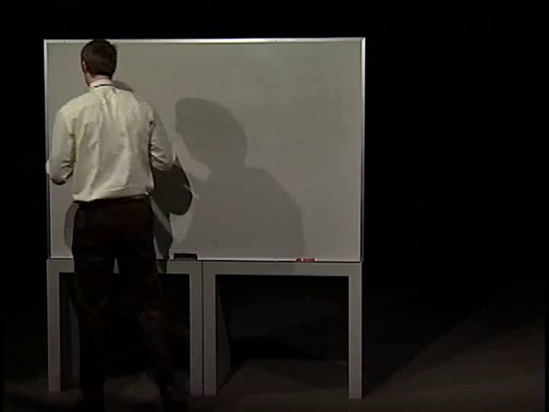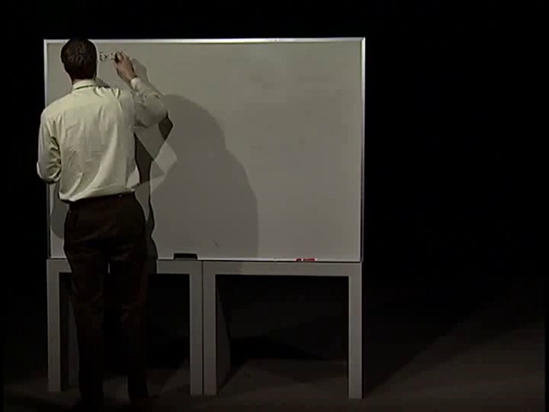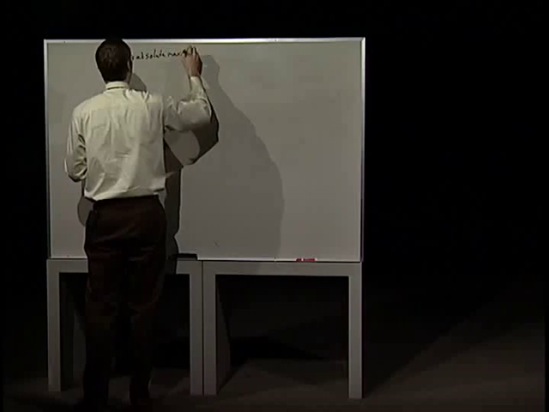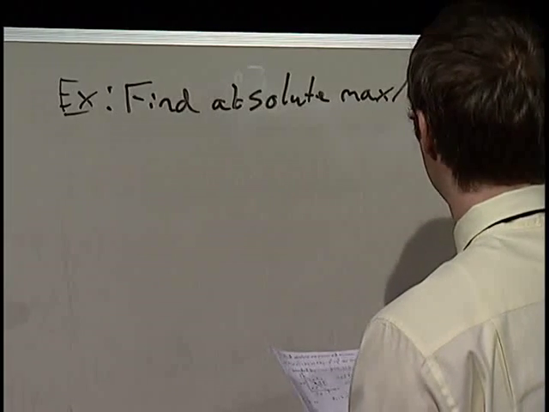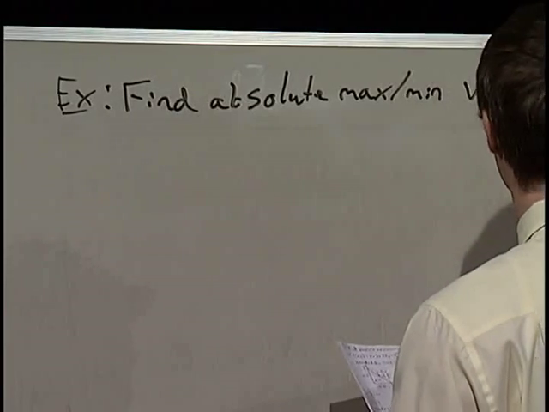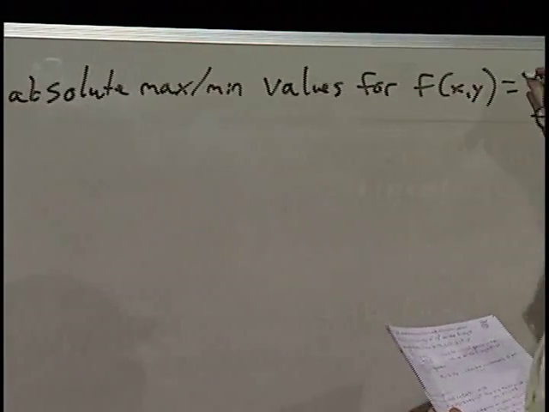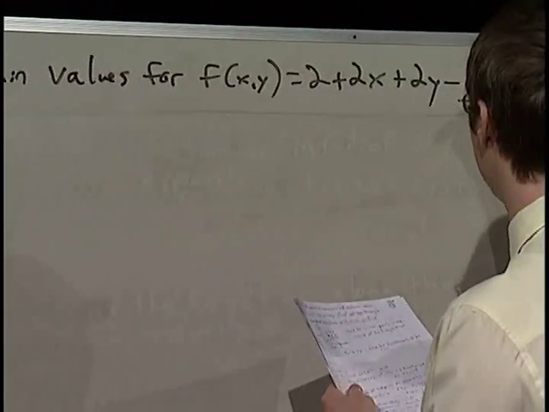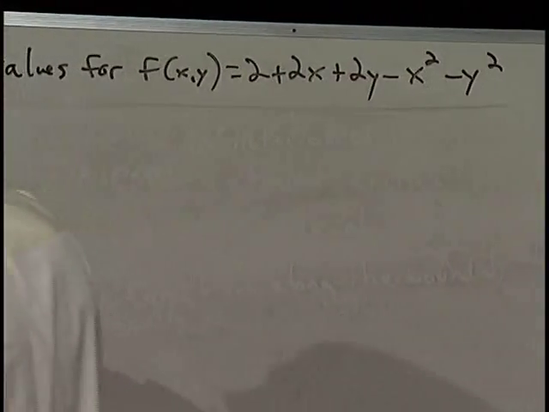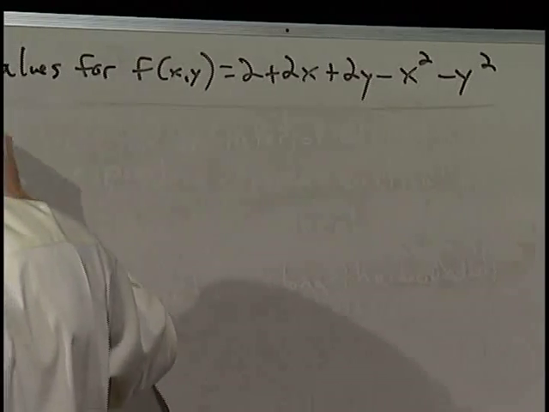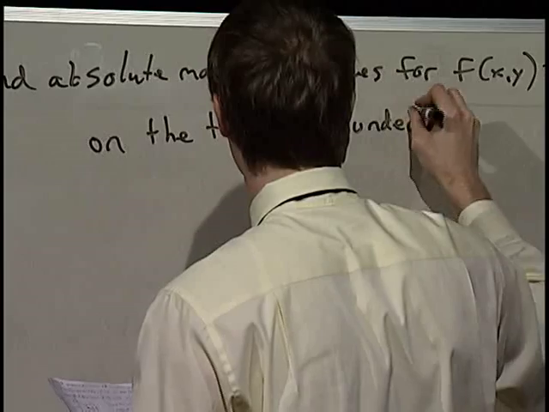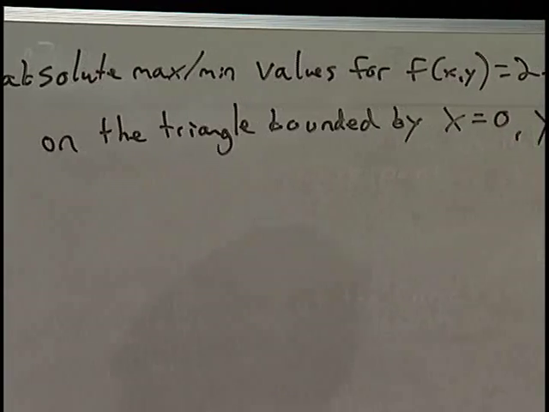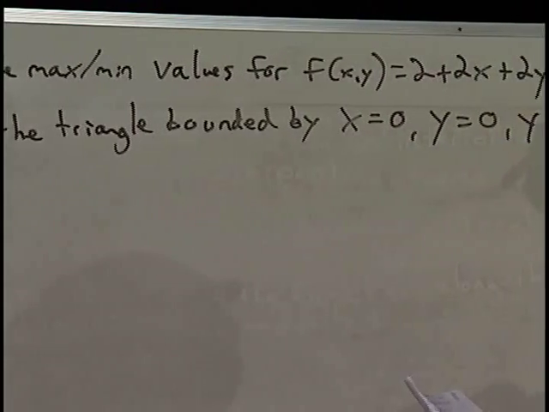Let's use a triangle. So, okay. Let's find absolute max and min values for f of x, y equals 2 plus 2x plus 2y minus x squared minus y squared on the triangle bounded by the lines x equals 0, y equals 0, and y equals 9 minus x.